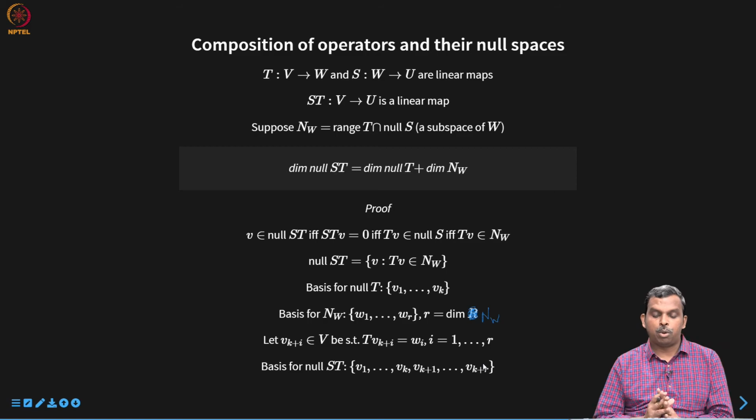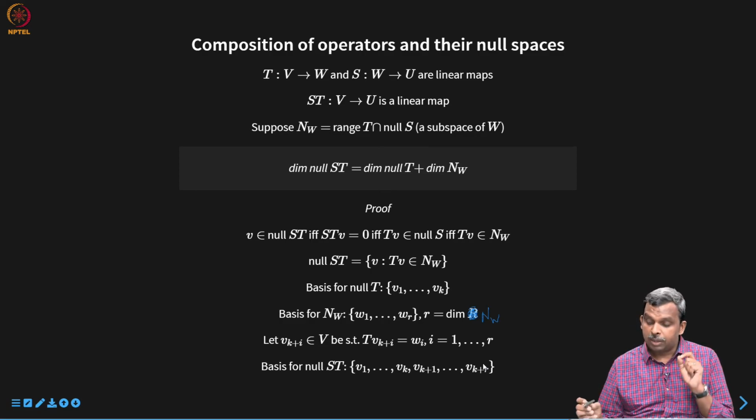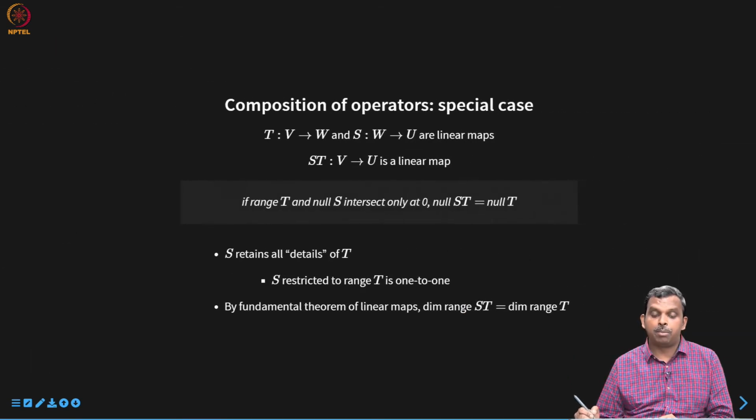This picture is very important, and it will play a key role in several of our proofs later on. It is also good to know what happens when you compose two linear maps. How do you think of the null space? It gives you a lot of interesting ideas. There is a special case of this which is very important.